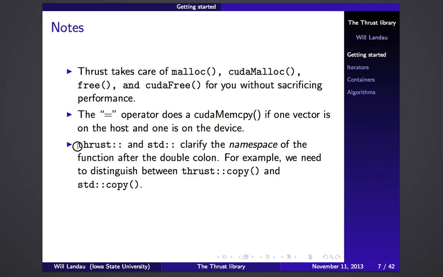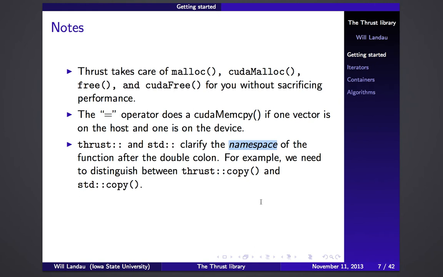Now a bit about namespaces. So thrust:: and std:: clarify the namespace that you're using. Every library has a namespace, which is a collection of bindings, or less formally, a collection of assignments of function names to the functions themselves and data types to their definitions.